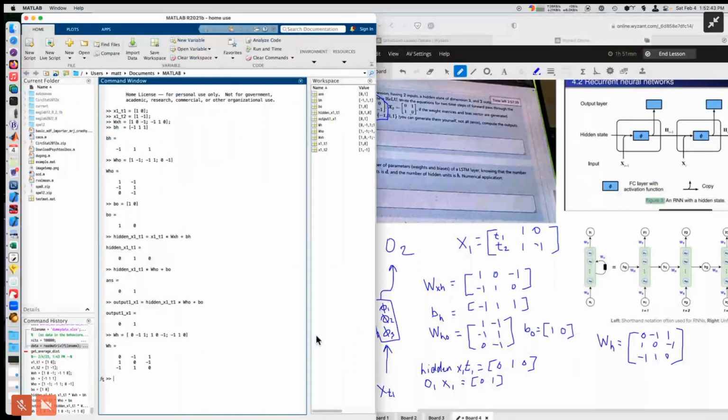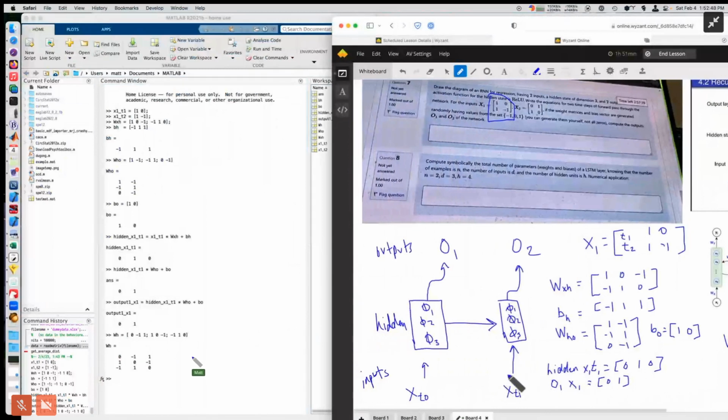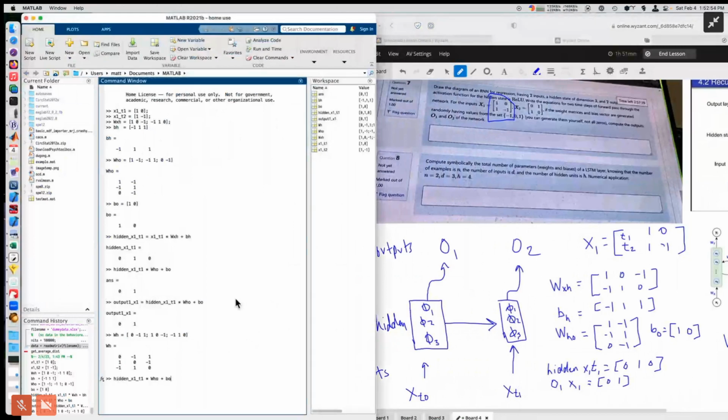So if we want to get our second hidden state result, it'd still be X1, but for T2. Oh, wait a minute, sorry, I did the wrong thing. Hidden x1 at time 2 is going to be x1 at time 2 times wxh, so that's still good.